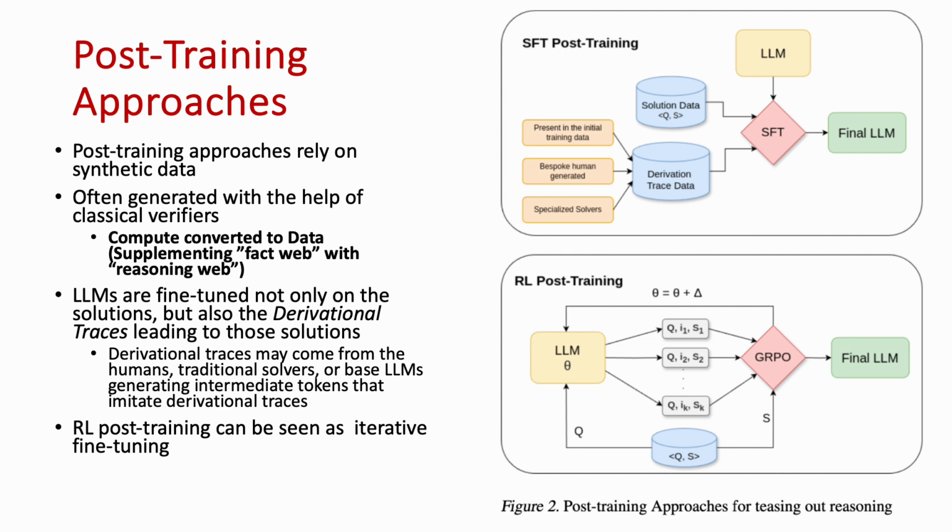The important thing is that verification is done only for the final solution, not for the intermediate steps. Actually, you could do verification for the intermediate steps in some very special cases. There are things like process reward models, but they have not really taken off. DeepSeek, for example, doesn't use process reward models. It only uses outcome-based verification.